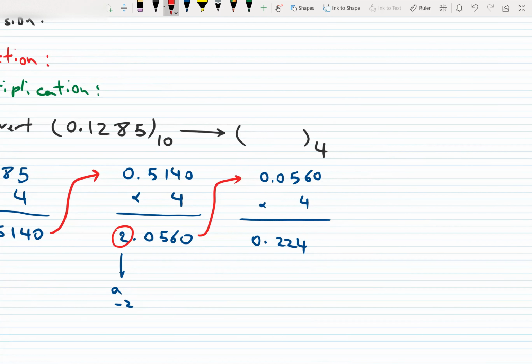Okay, because the number is a fraction, we need to solve it by multiplication.